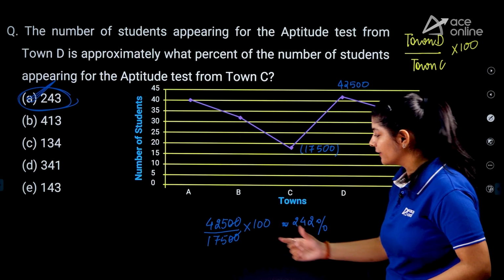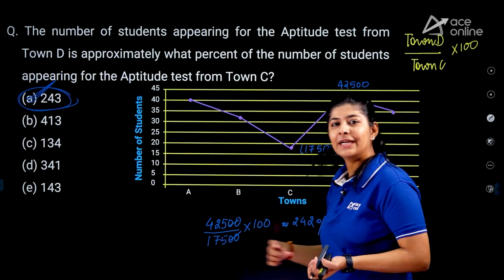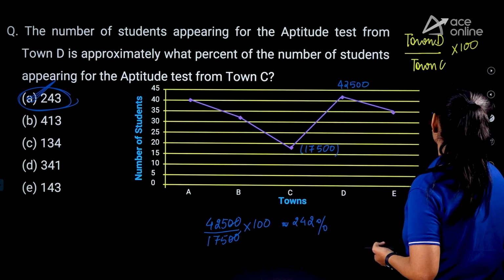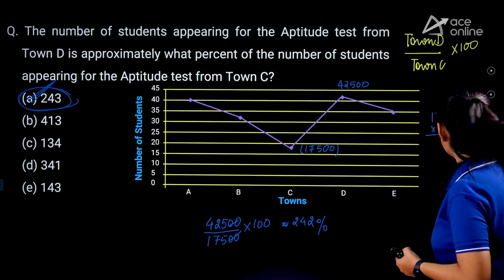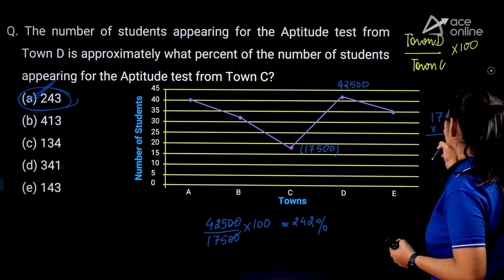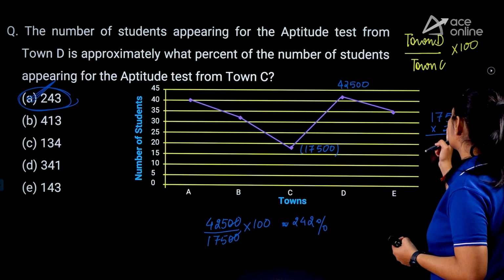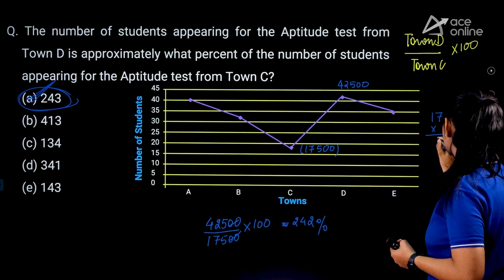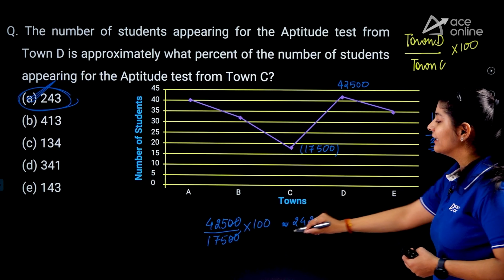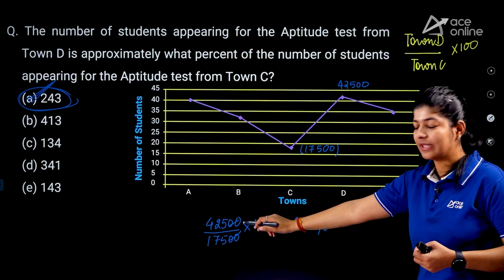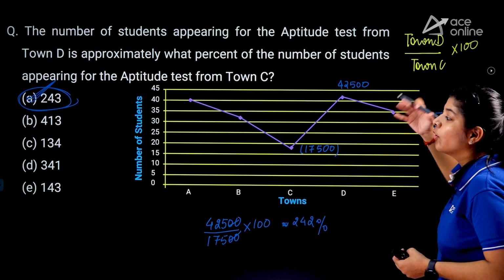Because if I multiply 175 by 2, here we are getting 0 and the 1 is carry on. So 2 into 7, that is 14. So here we will get 15, 5, 1 is carry on, 350, right? And here we are having the value much more than that, but not multiple times more.